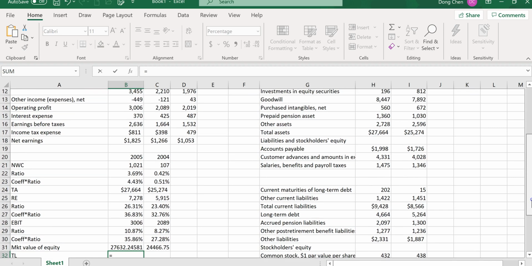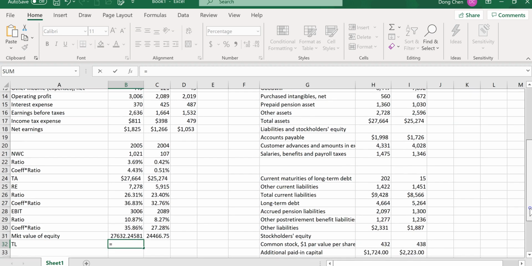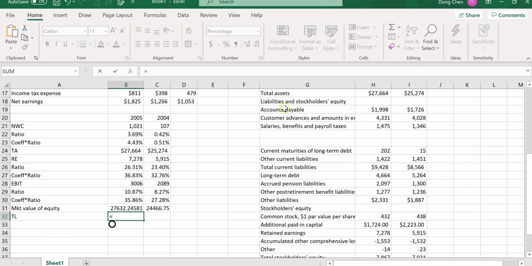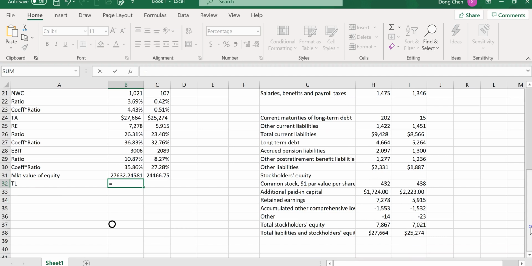Let's see, where is the total liabilities? Can we directly find the total liabilities? We have total current liabilities, long-term debt, accrued pension liabilities, other liabilities. So there's no direct number provided for the total liabilities, but we can directly sum up all these liability items.